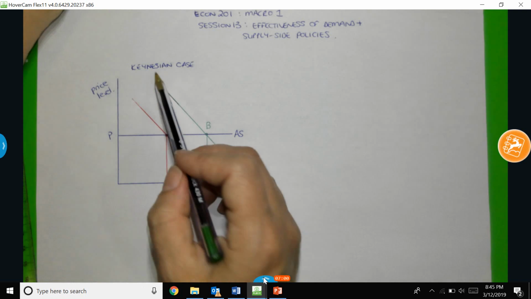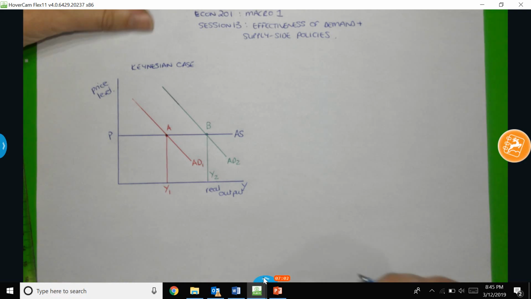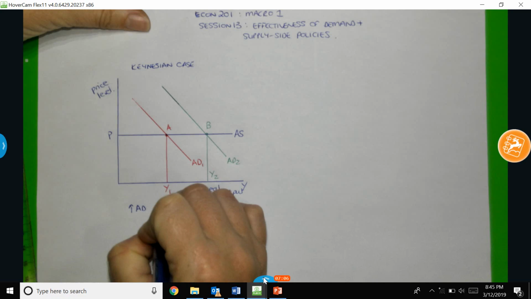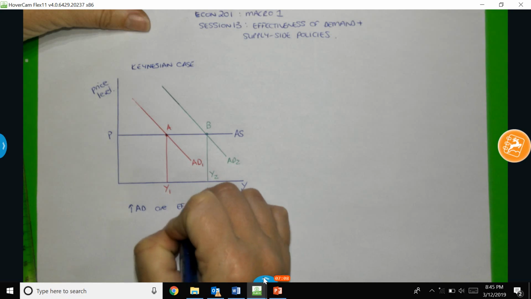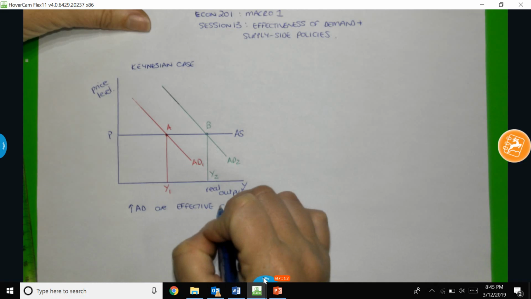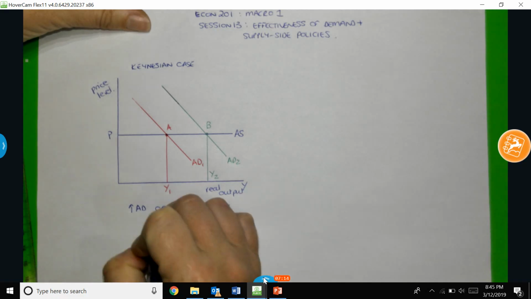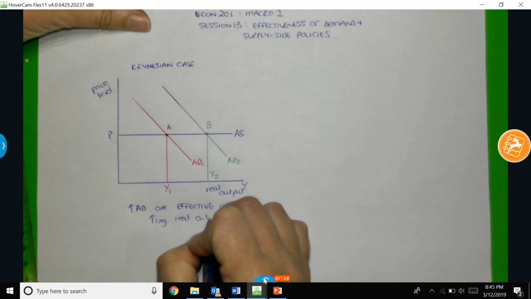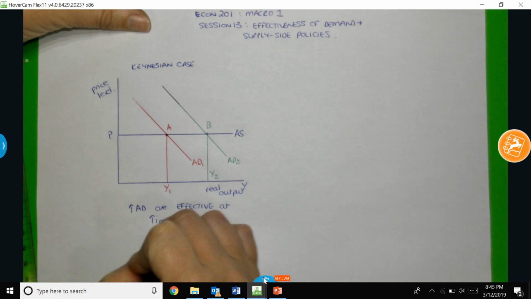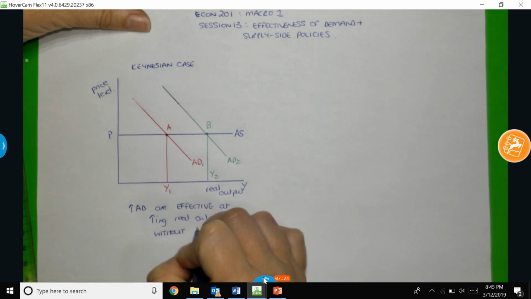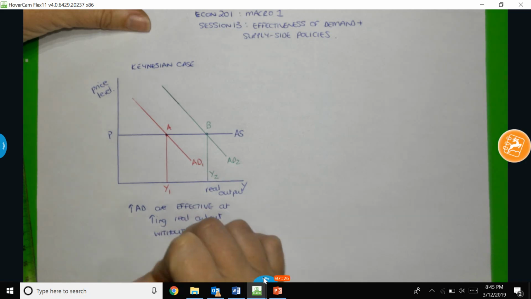So what we can then say about the Keynesian case is that increases in aggregate demand are effective, just writing this out, effective at increasing real output without changing prices.